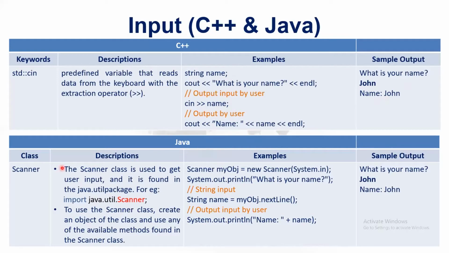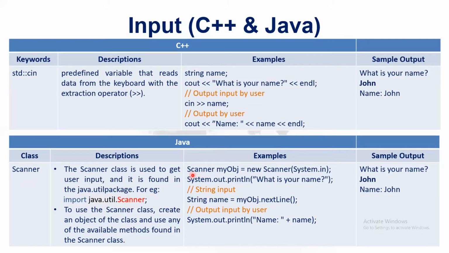Then we come to Java. So for Java, rather than using cin as in C++, you use a Scanner. From here, you need to use a package, which is called the java.util package, Scanner. So you need to import the package first. Then you need to create the object. You already imported the libraries, right?